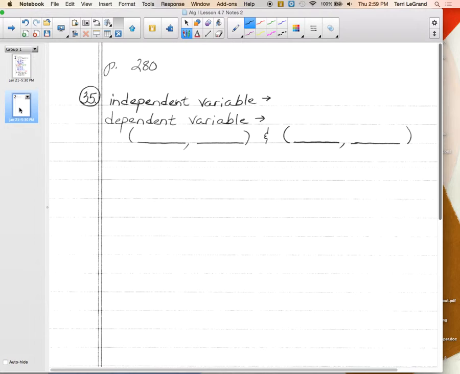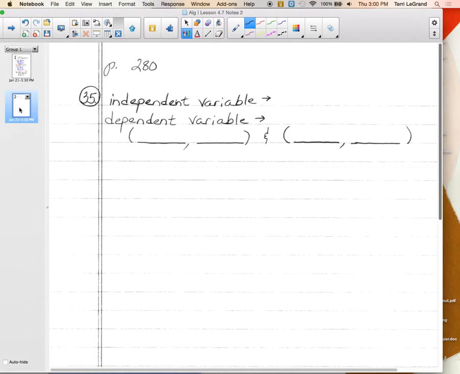At higher altitudes, water boils at lower temperatures. So remember, the independent variable controls the situation.